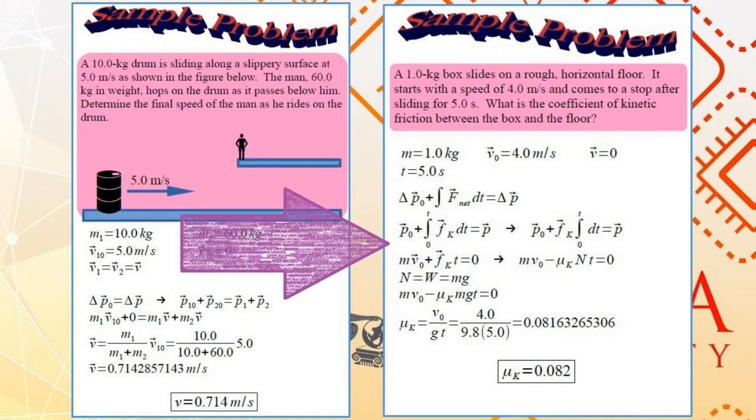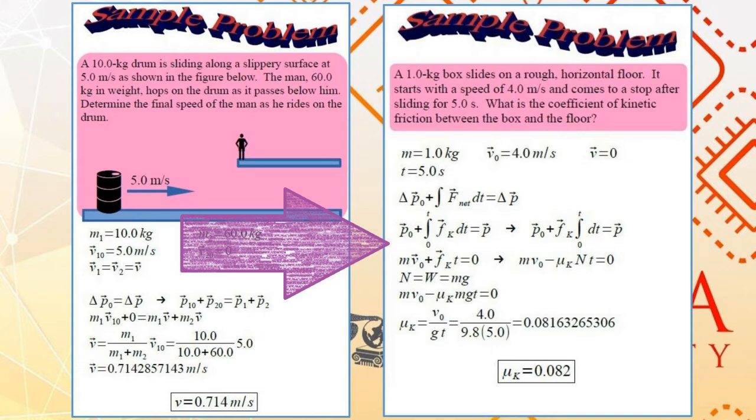Okay, so here you have only one object sliding on the floor. m is equal to 1 kilogram. Initial velocity v naught is equal to 4 meters per second. The box eventually comes to a stop, so final velocity is equal to 0. The box is sliding for 5 seconds, so t is equal to 5 seconds.